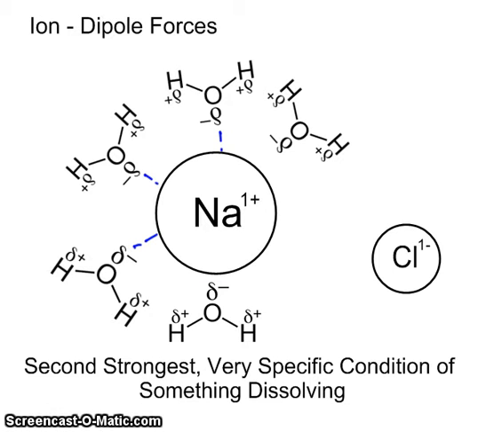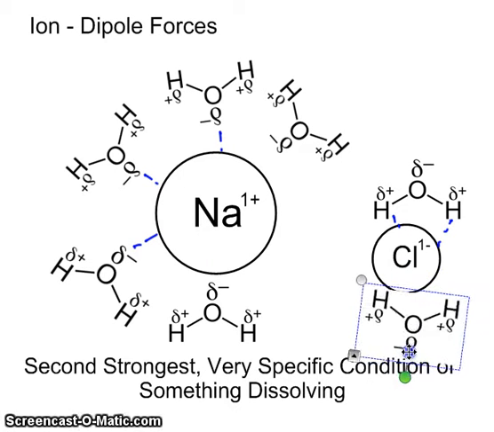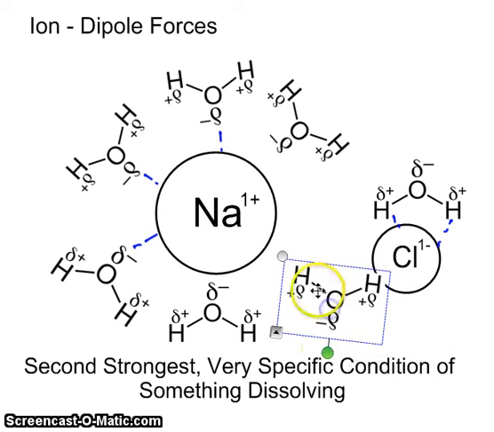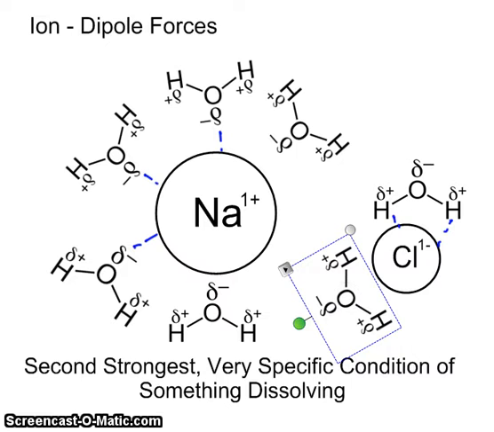Well, if a water molecule comes in here, the partial positive side can be attracted to the chlorine, because that's there. And we can do the same thing with the chlorine, with the partial charges on the oxygen, on the hydrogen, that we did with the sodium.